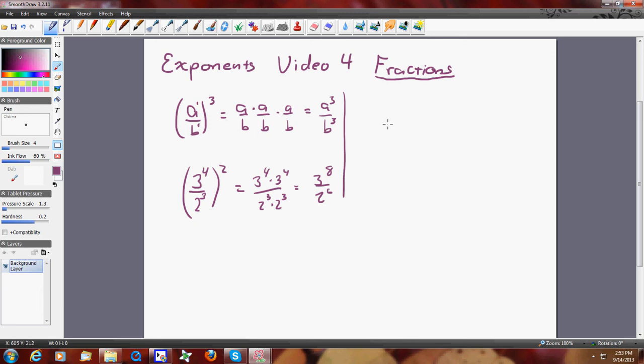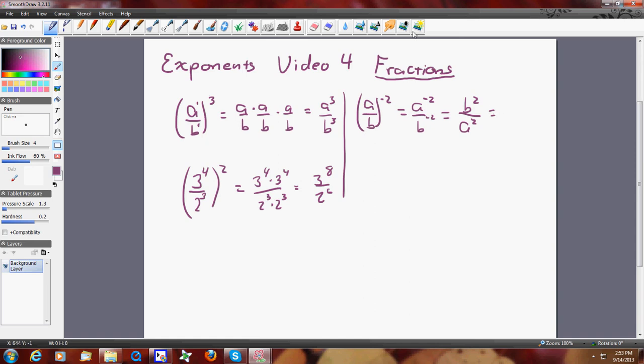However, you could have something like this. You could have a over b to the negative 2. Well, that would give you a to the negative 2 and b to the negative 2, but like I said, we now know that that's really the same as the a comes down to the denominator, and the b goes up to the numerator. And that's it.